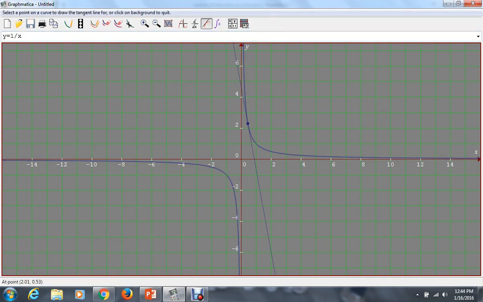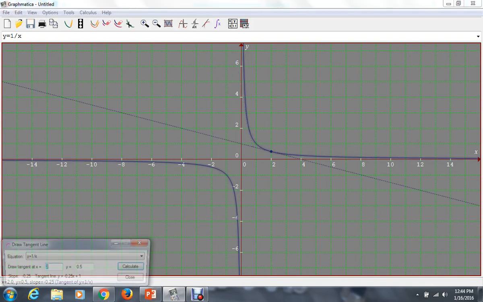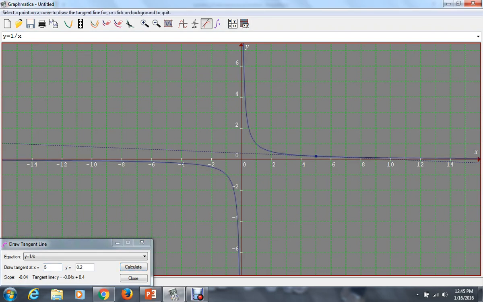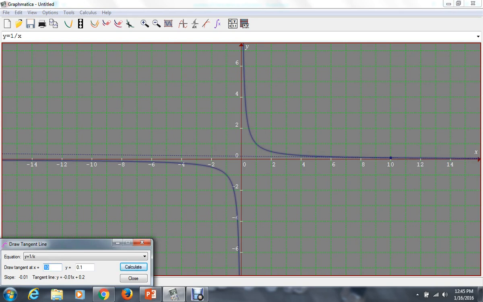And as x gets larger in the positive direction, you can see the slope of the tangent lines are becoming less negative. So over here, less negative. And we notice that even if we draw the tangent line way out here, it is still a very small negative number, but it appears that the tangent line is always going to have a negative slope.